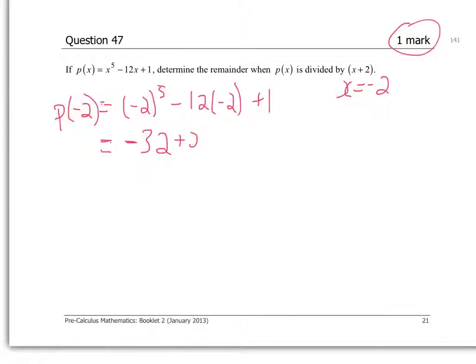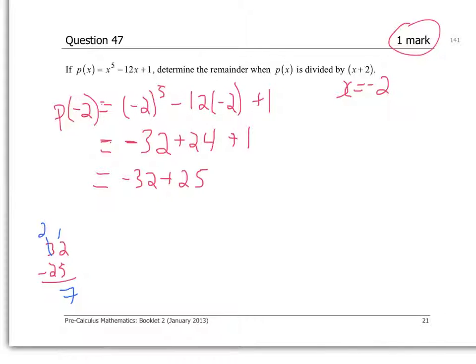I'm going to add the 24 because of the two negatives. And then I still have to add this 1. So we get a negative 32 plus a 25. And if you're very slow, which I am, you would go 32 subtract 25, and that's 12 minus 5, which is 7.